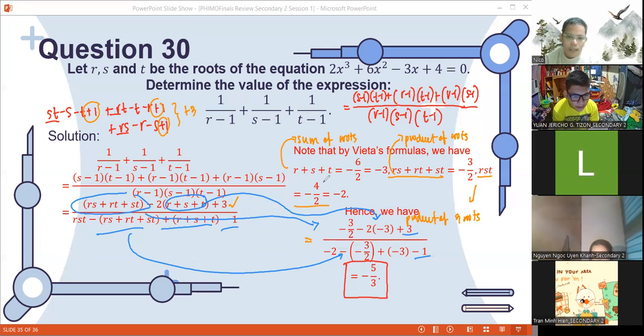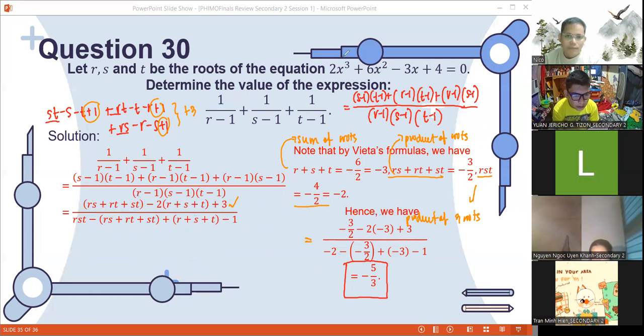Again, look at this one. This one is negative 3. This is positive 3. Then this is 2, the sum of R, S, and T. Then this is minus 1, then minus 1.